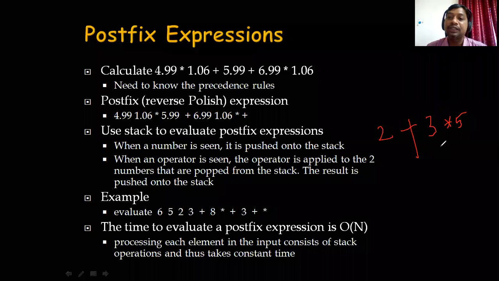Between every two operands we have inserted one operator. Between 2 and 3 we have plus, between 3 and 5 we have the asterisk or multiplication operator. These types of expressions are said to be infix expressions.